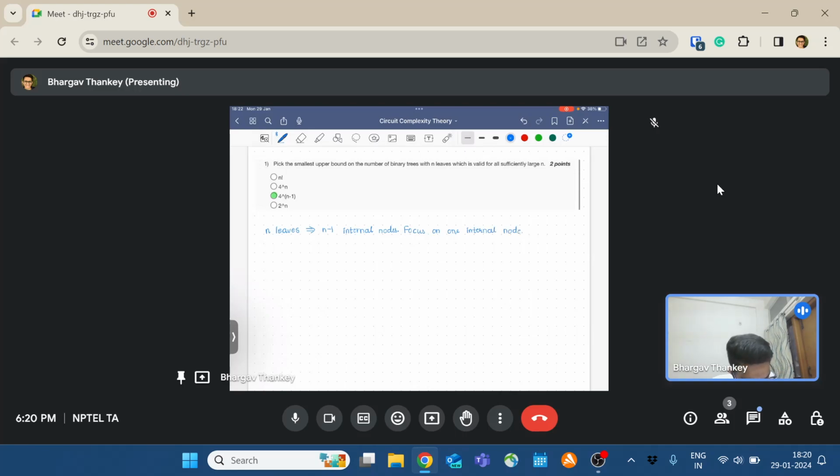For that, you have four options, right? Suppose this is the internal node. One option is both its children are leaves. Another option is the left child is a leaf, the right child is a non-leaf. Another is the same but flipped.